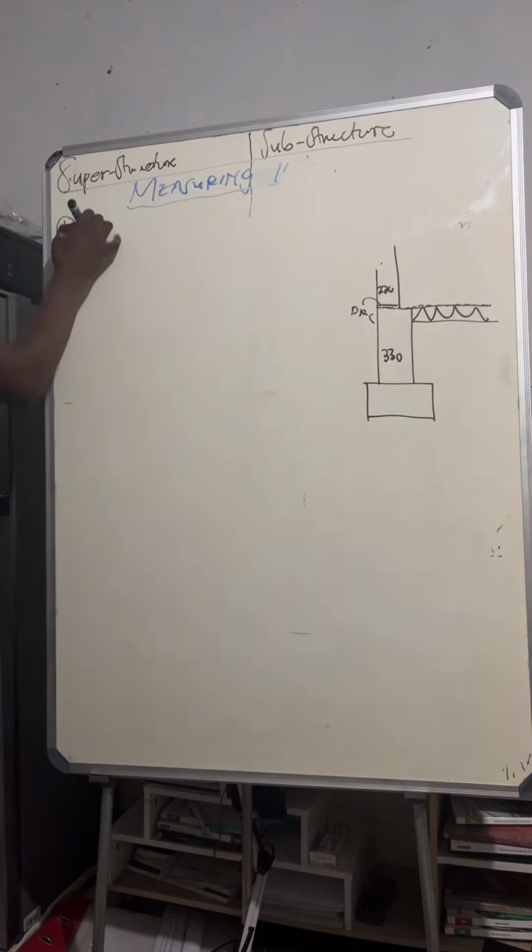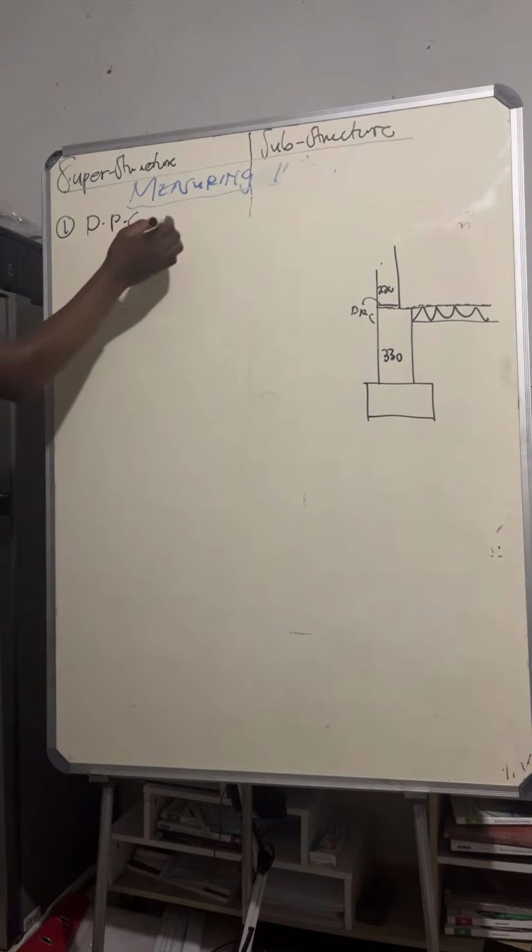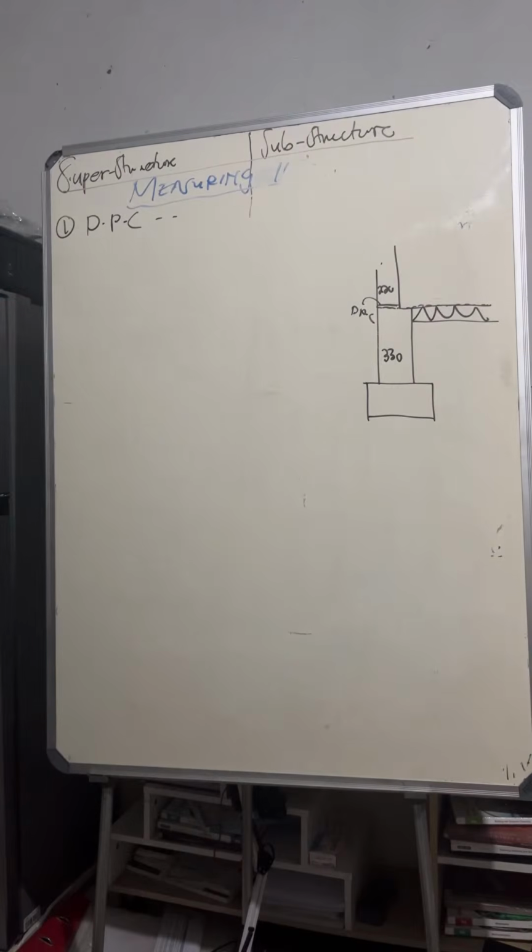That is point number one. A DPC. What is a DPC? A DPC is a damp-proof course. What is a DPM? A damp-proof membrane. Remember, to know the abbreviations in order for you to write them in full and the units, because it's part of the questions.